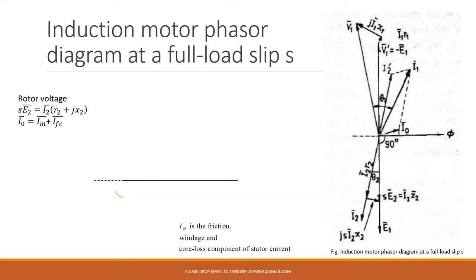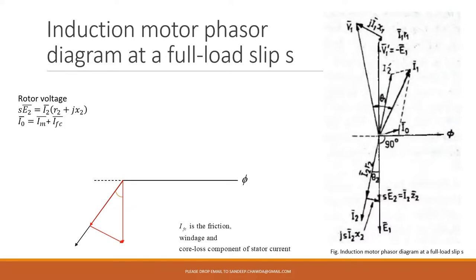Let me show you. Take a reference phi. Phi is there. After that, what you need to do? Draw your I2 at an angle of 90 plus theta 2. Then you can draw the drop I2 R2 and drop J I2 X2. It is going to give you E2.